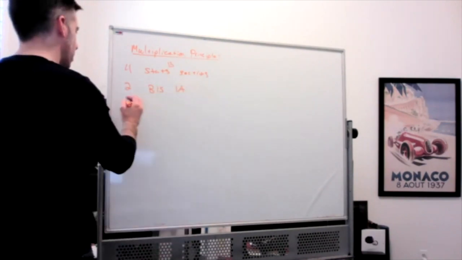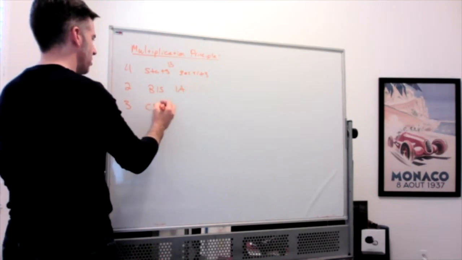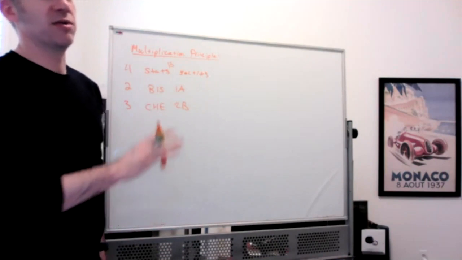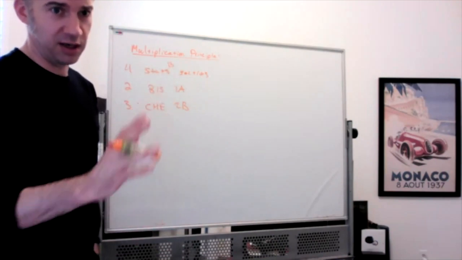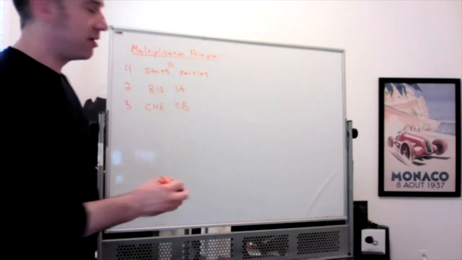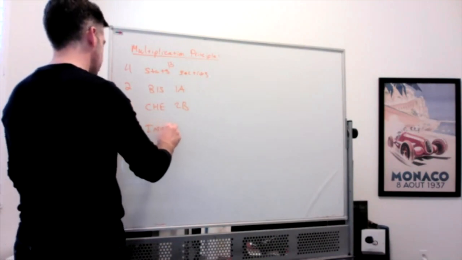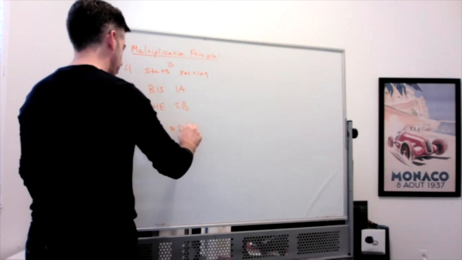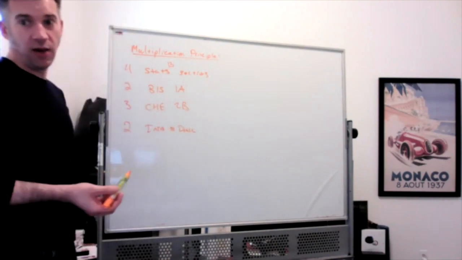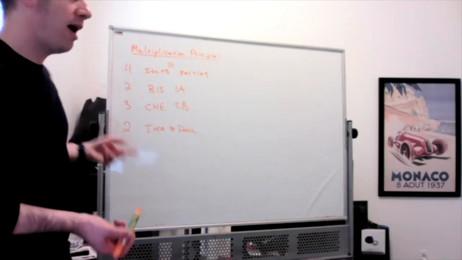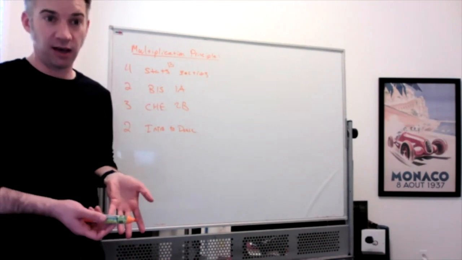And there are 3 chem 2B sections, which is unrealistic, because we know there are way more chem 2B sections than 3, but whatever. And there are also 2 intro to dance sections. And I want to know, taking these 4 classes, how many different schedules could I make?